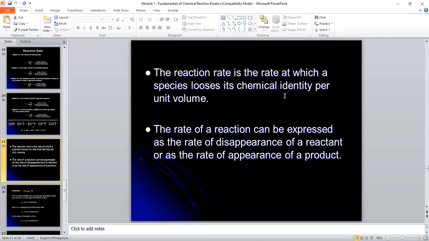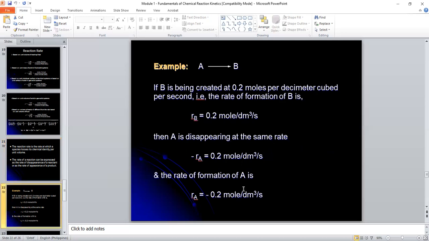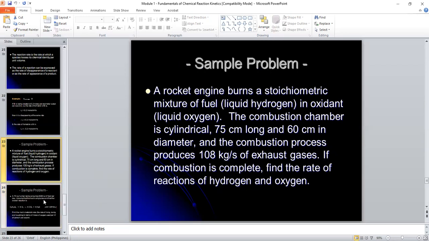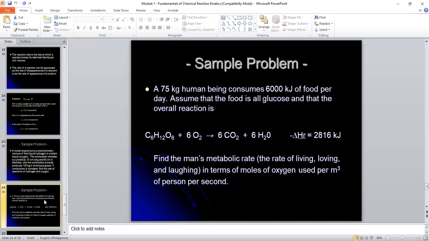Now, since it's time already, I want you to read this. The solution is there anyway, and it's very self-explanatory. These sample problems are found in your book by Levenspiel.